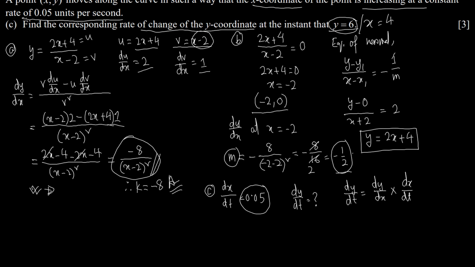Dy by dt, we can write here dy by dx. This is the value of dy by dx, which you can write as minus 8 divided by (x minus 2) whole square. Let me put the value of x, 4, here, into dx by dt, which is 0.05. Now we need to finish it, which is minus 8 over 4 into 0.05.